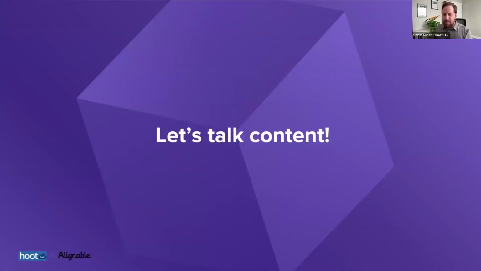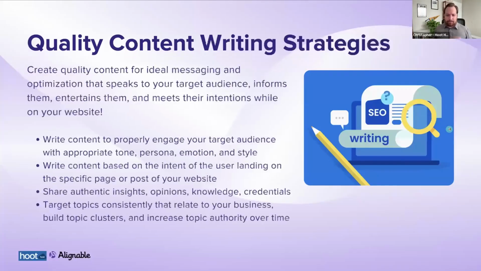This is basically bringing back a lot of what we talked about in our previous webinar. So create quality content for ideal messaging, optimization, and speaking to your audience. This is something that we talked about a lot last time, how to effectively engage people.